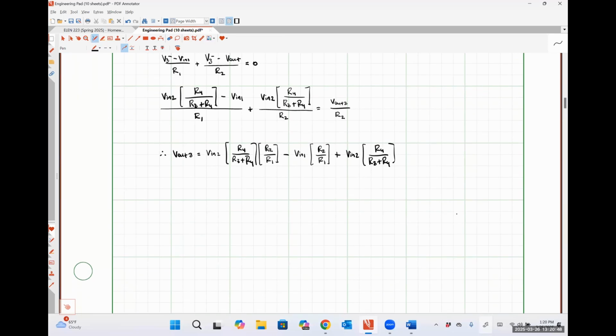And I can pretty this up a little bit because I have a common factor of Vn2 times R4 over R3 plus R4. So I could choose to express this as Vn2 multiplied by 1 plus R2 over R1 times R4 over R3 plus R4, minus Vn1 times R2 over R1.